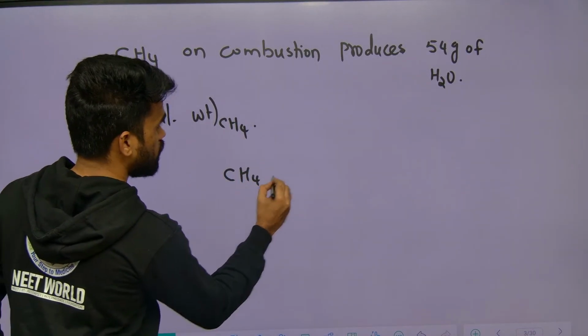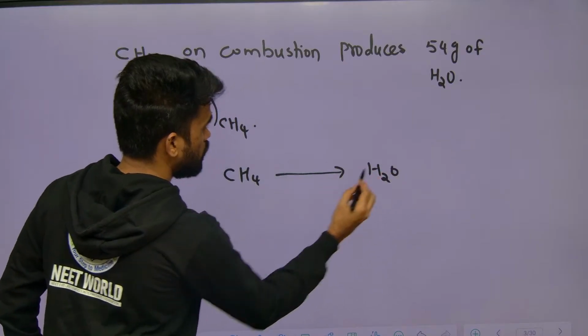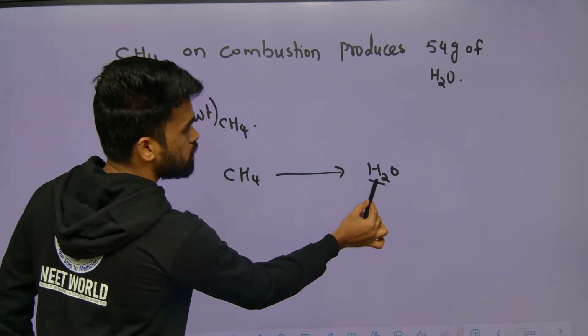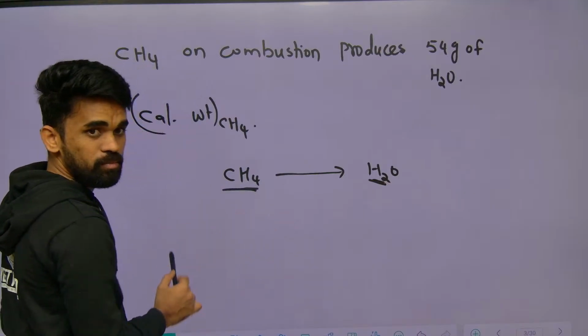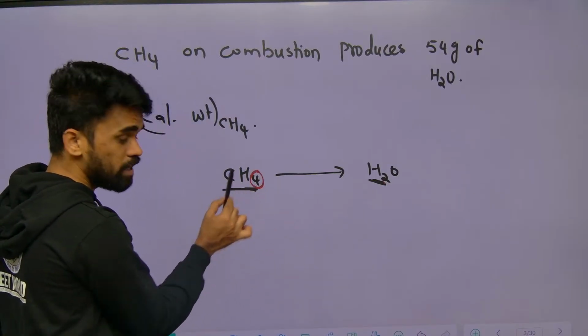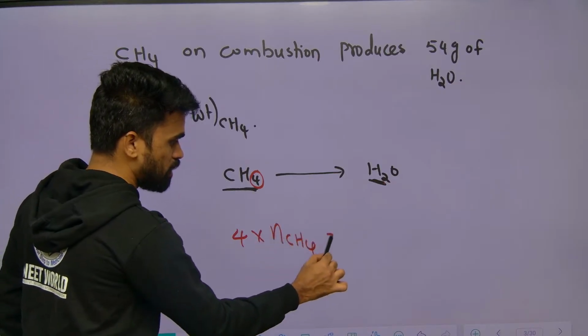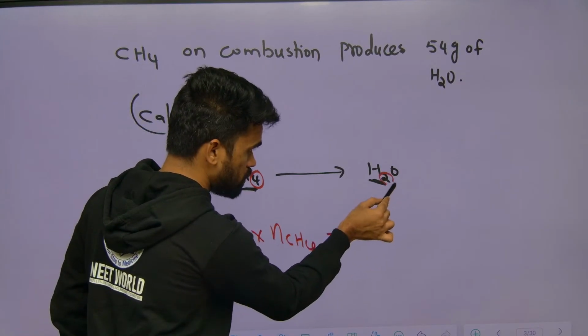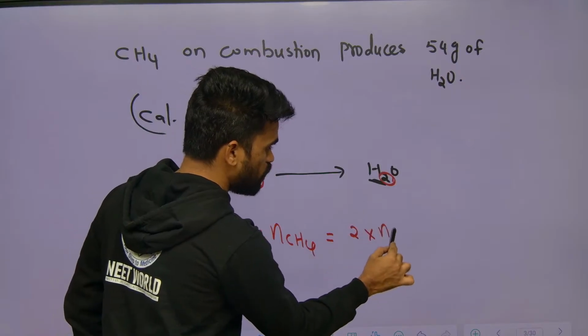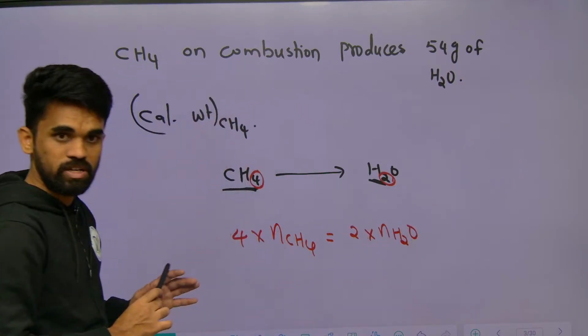Methane produces water, this we know. Now complete hydrogens of water are coming from methane only. Now how many hydrogens here? 4 into number of moles of methane, which equals, here how many hydrogens? 2 into number of moles of water. Did we balance the equation?